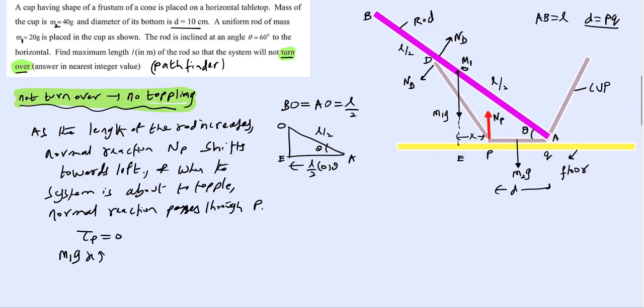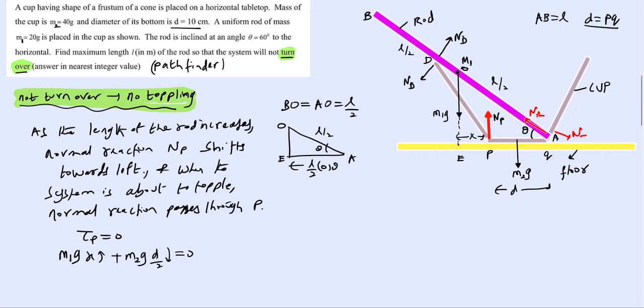The net torque due to these two normal reactions about point P will be equal and opposite. Now all that's left is the torque due to only M2G, and M2G D by 2 will be clockwise. Next, why is there no torque from the normal contact here? Here also there will be normal contact by the cup on the rod, and on the cup.